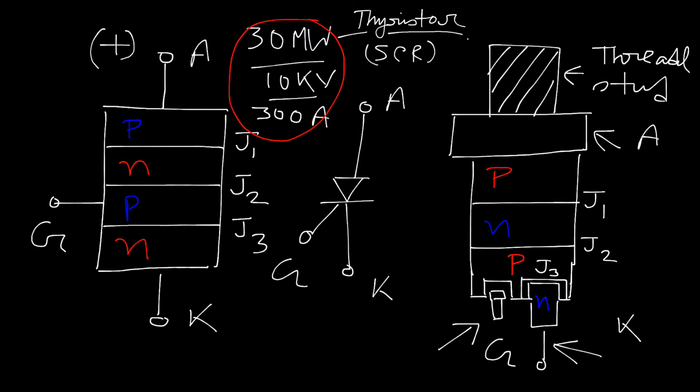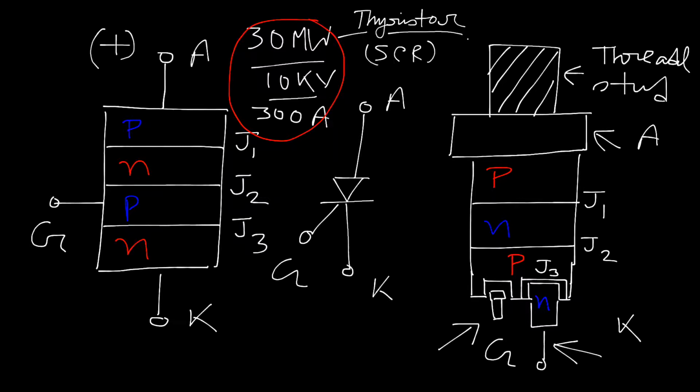Okay, so what happens in this case? Just like a reverse biased diode, a small amount of current flows through the device, across junction J2 also, due to minority carrier movement. In a diode this is called reverse leakage current. Here we can say it is a forward leakage current, due to the presence of junction J2 as the depletion layer has formed. Right? One more thing.